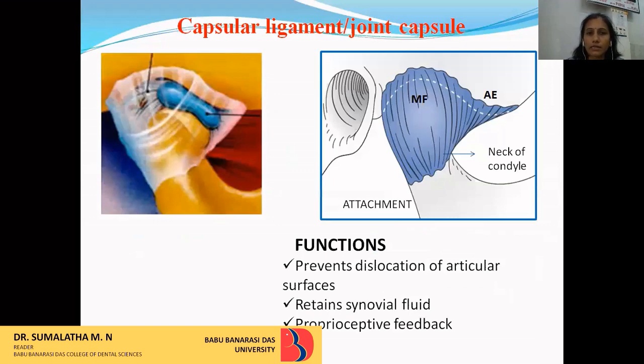So next ligament is the capsular ligament or joint capsule. As the name suggests, as you see in this diagram, it lines the condylar head just like a capsule. The main function of this capsular ligament is to prevent the dislocation of the articular surface and to retain the synovial fluid, and it also has proprioceptive feedback.